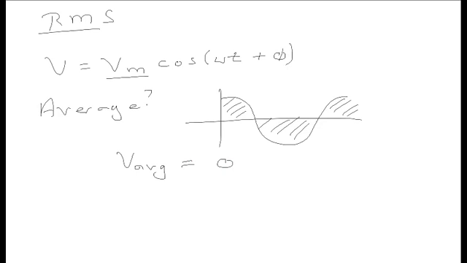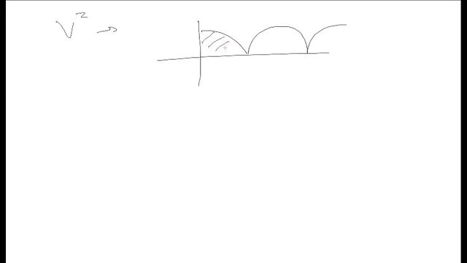However, let's take a look at the square. If I were to square V, what do I get? Well, it would come down and then jump up and then go back. So the first thing we notice is it's always greater than 0, which means the average would be non-zero, which is great.